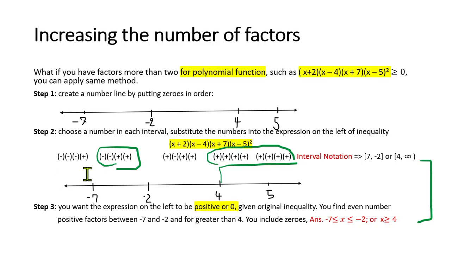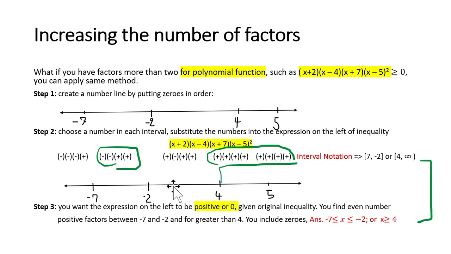So then plus. Between minus 7 and minus 2, for the first two terms, if we put minus 5, then minus 5 plus 2 is minus, minus 5 minus 4 is minus 9, minus. But the third factor, x plus 7, minus 5 plus 7 makes positive. Minus 5 squared is positive. So minus, minus, plus, plus.